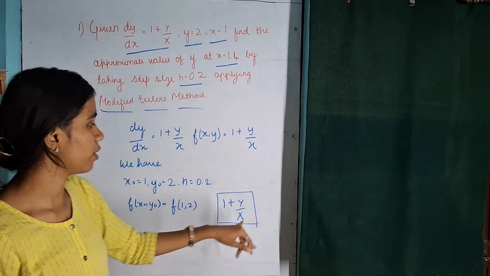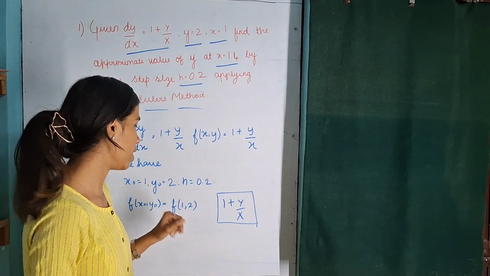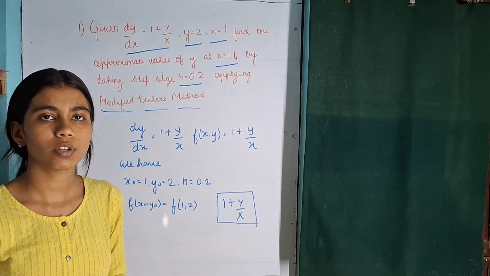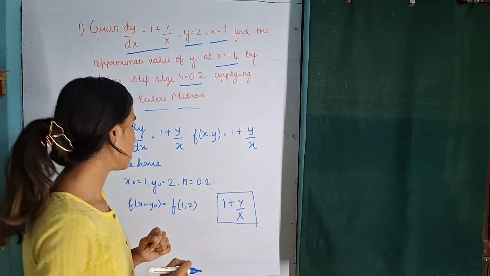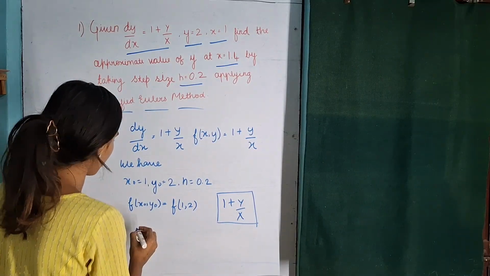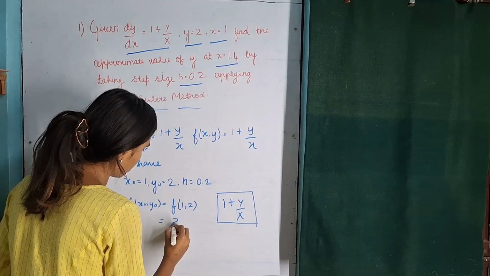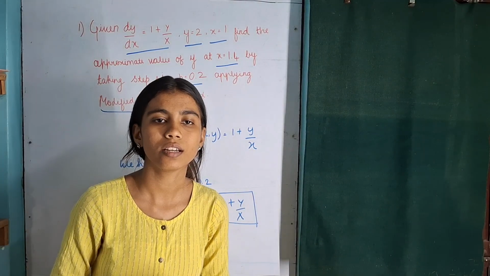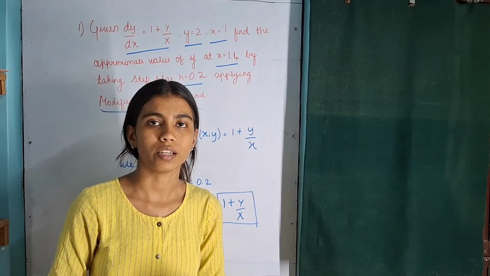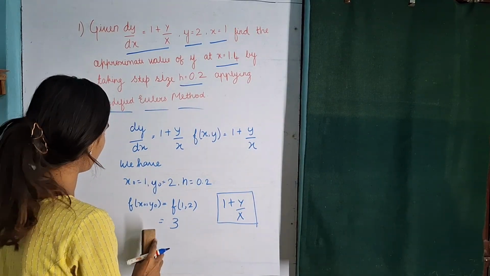It will ask for the value of y, you put 2, and it will ask for the value of x, you put 1. If you are not clear about the steps, you can watch my previous videos, where I have explained how to put the expressions in the calculator and solve. The value for this is 3. After that, we will solve the next question.